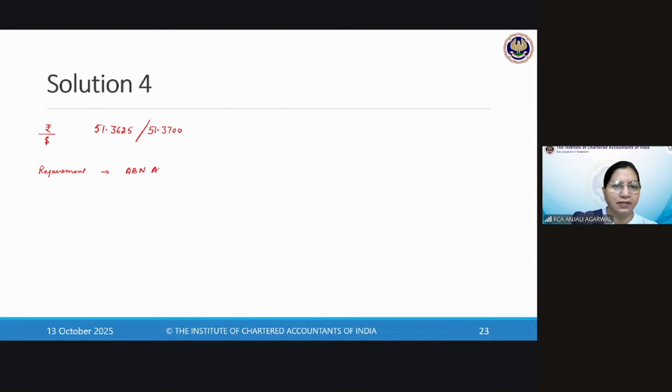Requirement of ABN AMRO Bank is to buy rupees, 15 million, for the Nostro account.